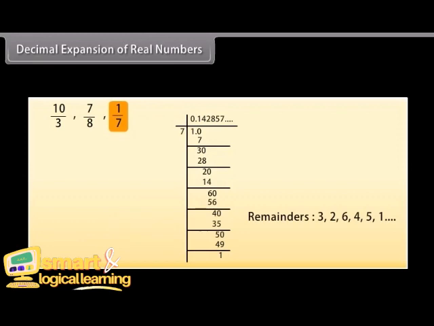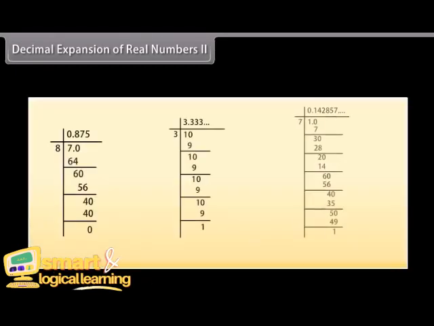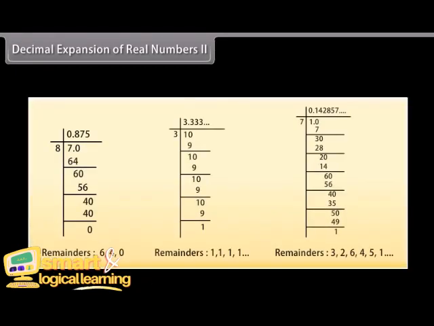And the remainders of 1 by 7 are 3, 2, 6, 4, 5, 1. Did you notice something here in all these examples? Notice that here the remainder either becomes 0 after a certain stage or starts repeating itself.